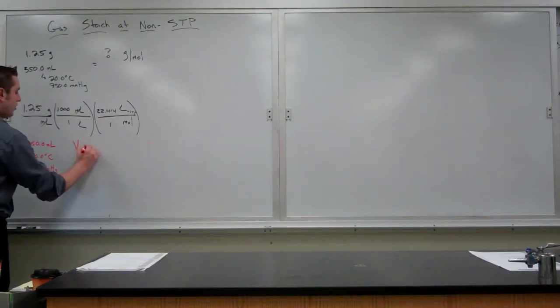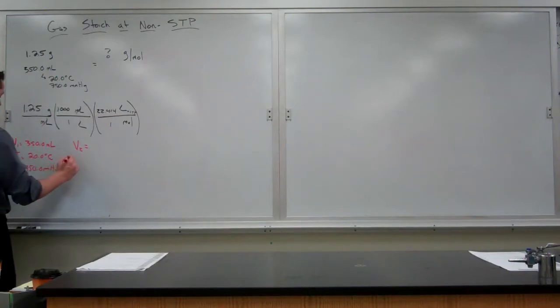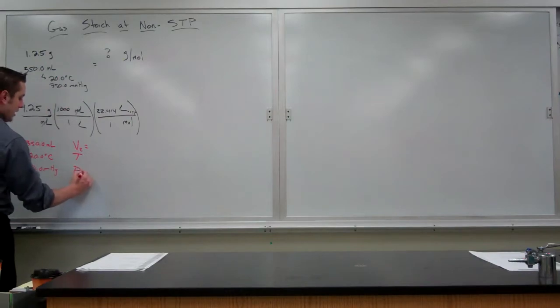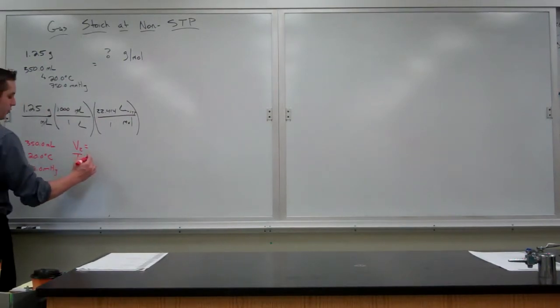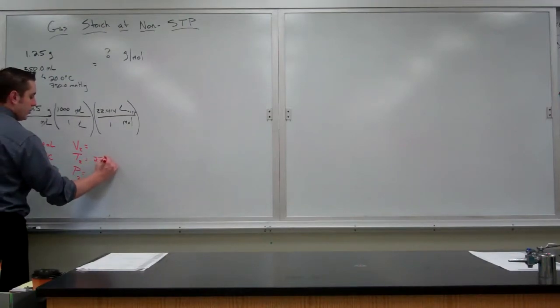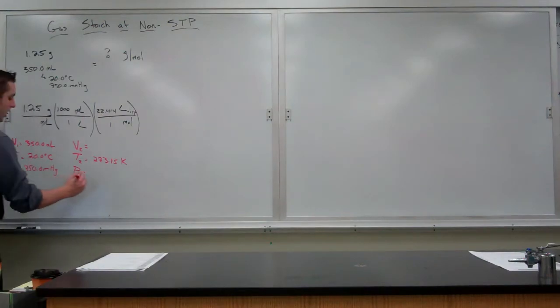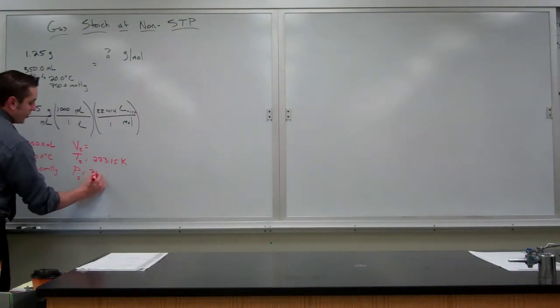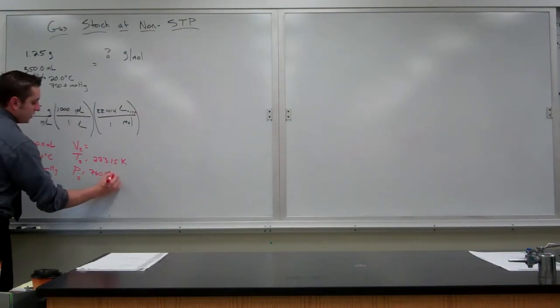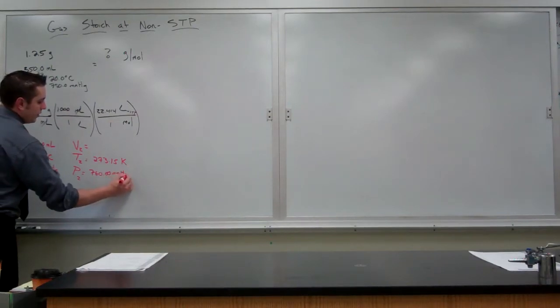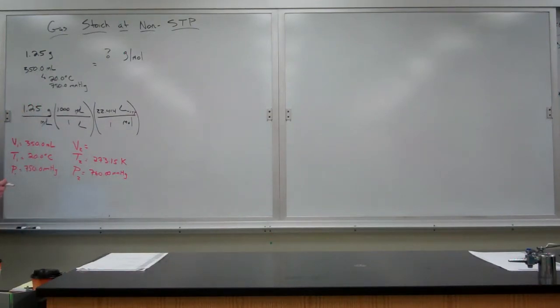I want to know about the volume of a gas at STP, standard temperature and pressure. STP, if you remember, is 0 degrees Celsius or 273.15 Kelvin, and 1 atmosphere or any conversion of that, 760.00 millimeters of mercury.